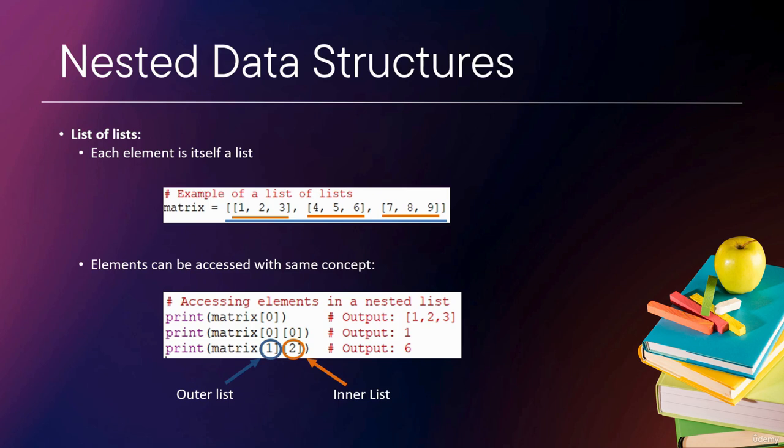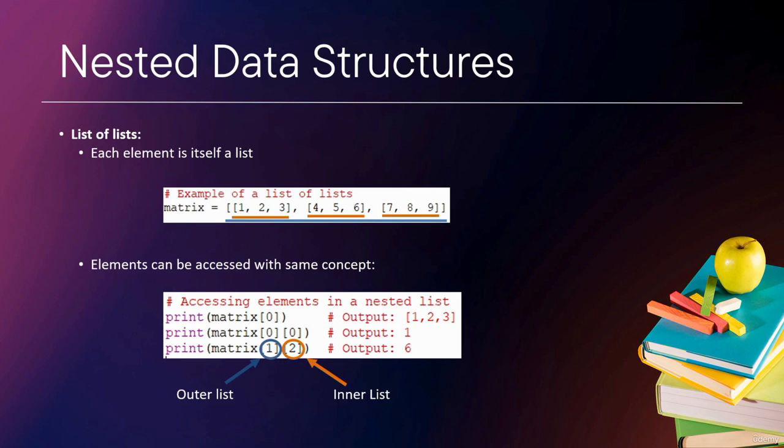In the second statement, matrix[0][0], the first 0 means go into the zeroth position of the outer list, that is the first inner list, and then the second 0 is the first position of the inner list. And I can change the indexes as I want.